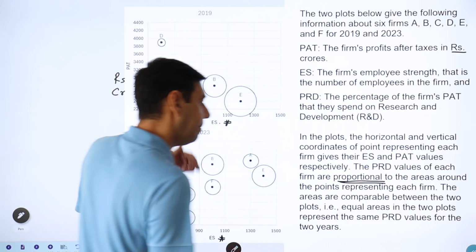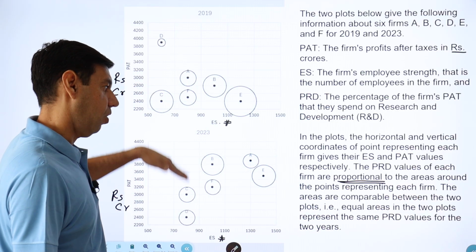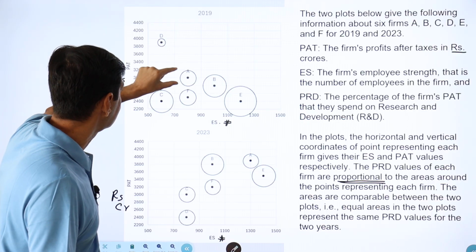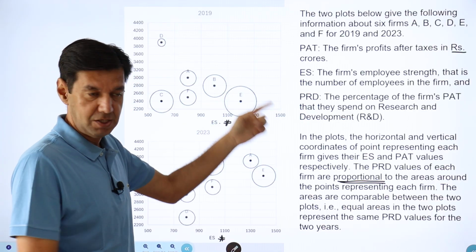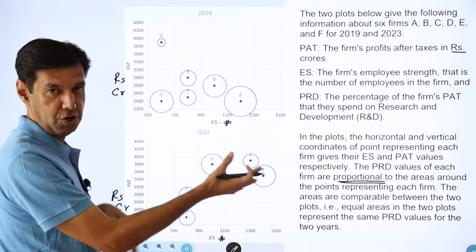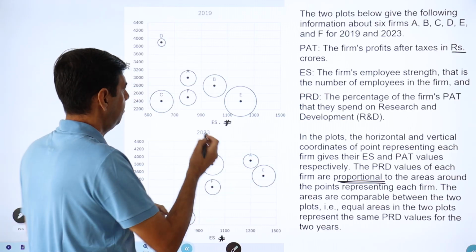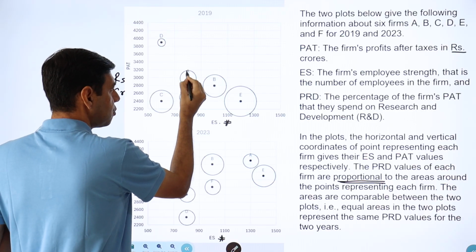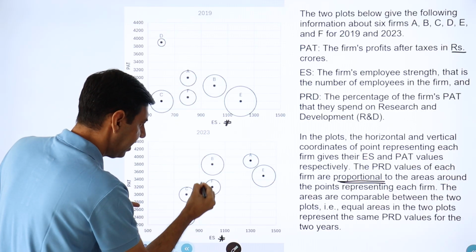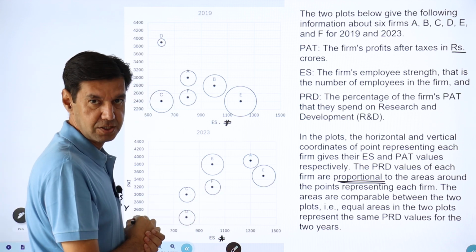The areas are comparable between the two plots, so that equal areas. So if I take A, the grid lines here may not be very visible, so refer to it in your own laptop or wherever you're checking the test. This is a radius of one grid line, and if I take F here, this is also a radius of one grid line.